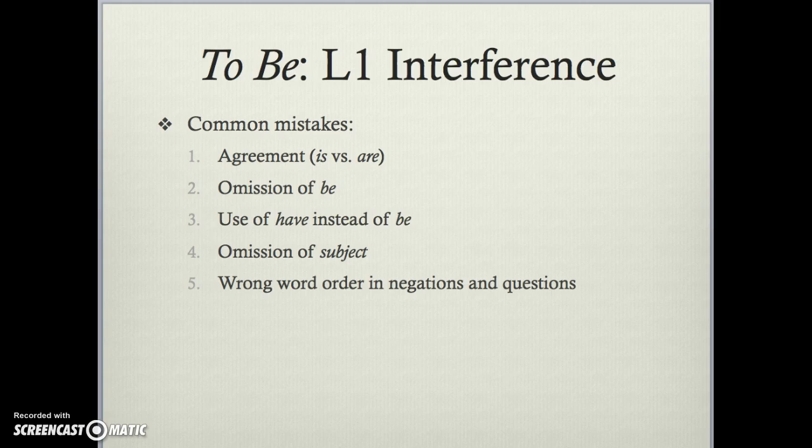I hear that mistake often and persistently. 4, some languages do not always say the subject in a sentence, but in English we need to. Part of this is due to not having different verb forms for each of the subject categories. And 5, some students confuse the word order patterns in 3 sentence types of affirmative, negative, and question.